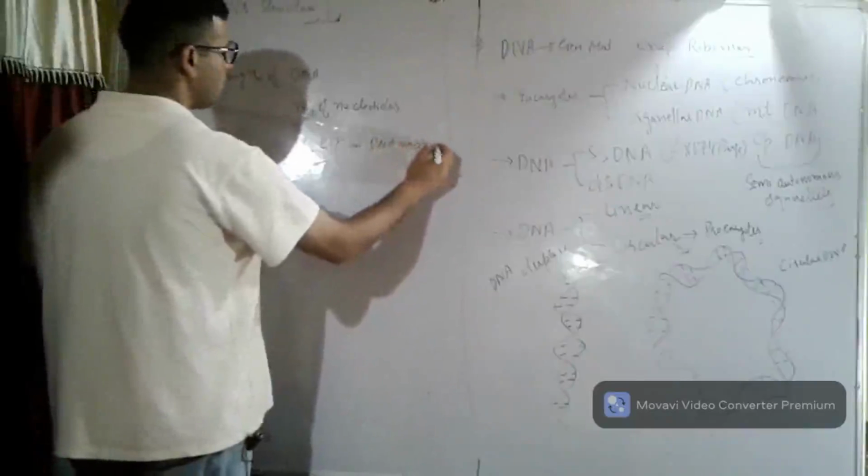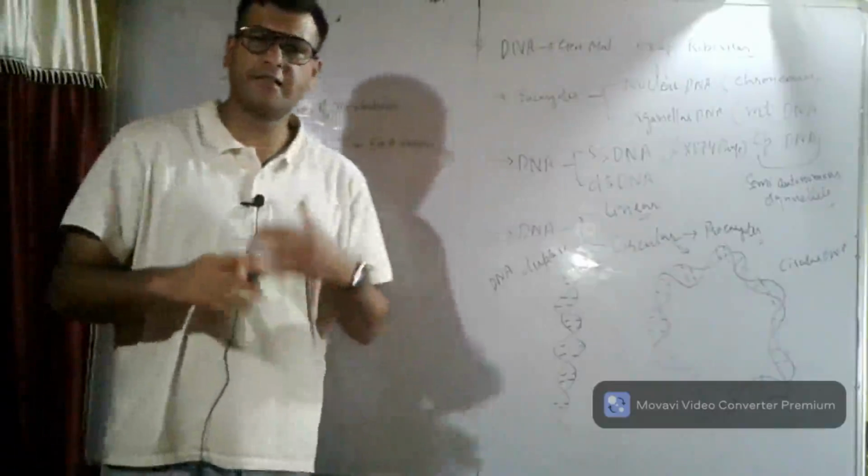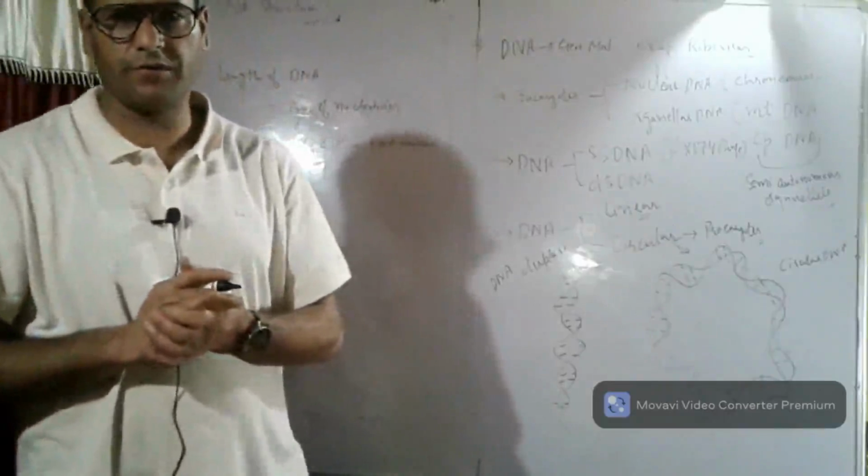This is called the length of DNA. And this length of DNA is a characteristic of a species.